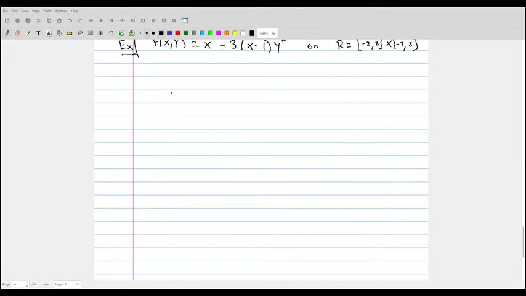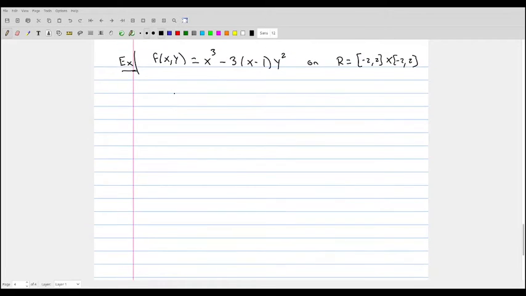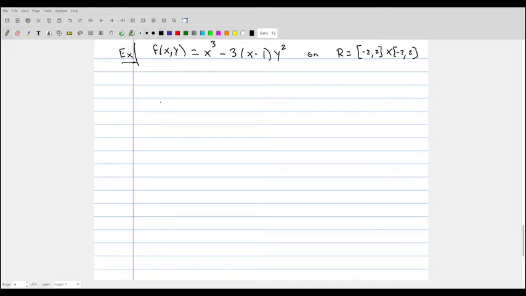And the first thing we have to do to apply the average value formula is to figure out the integral of this function on this region. So let's go through and do that.